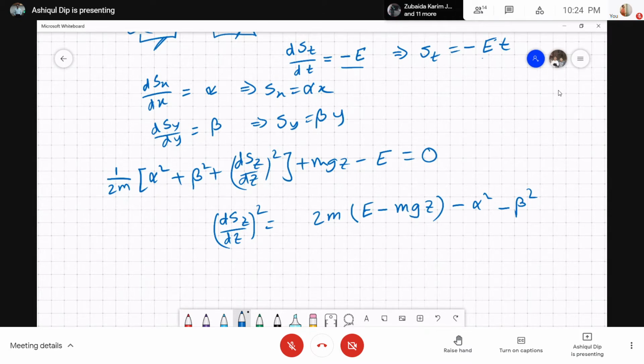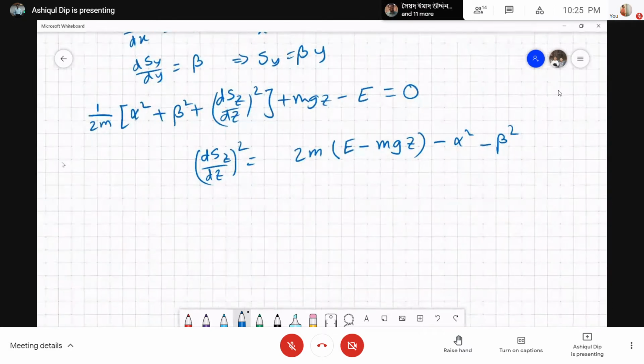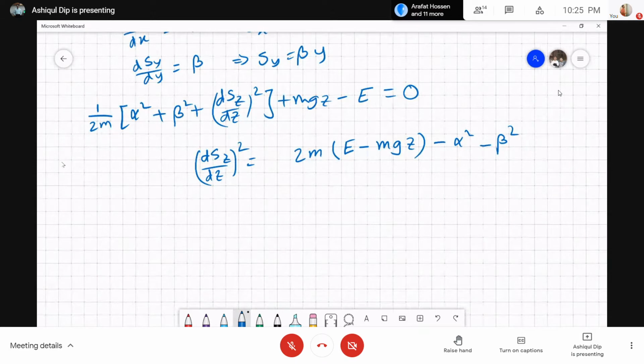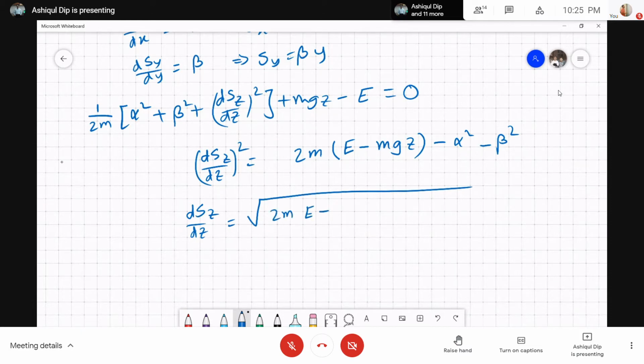So we have dSz over dz equals the square root of 2m E minus mgz minus alpha squared minus beta squared. Actually, alpha squared, beta squared, and 2mE are all constants, so we could dump them into just one single thing.